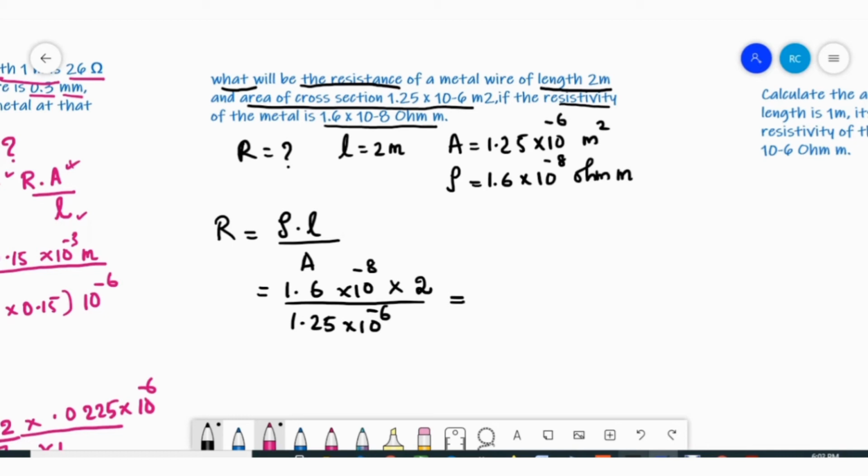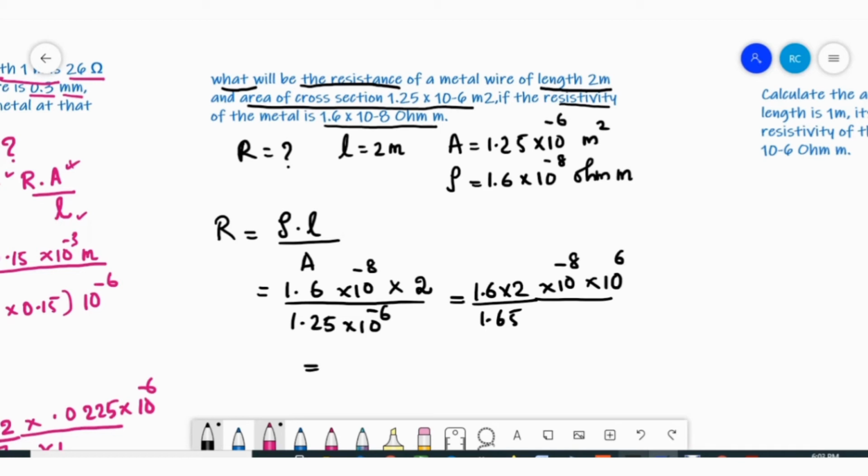So when you solve, this 10 raised to minus 6, you can take this value into the numerator. So you will get 1.6 into 2 divided by 1.25, and you can write 10 raised to minus 8 and 10 raised to 6 together.